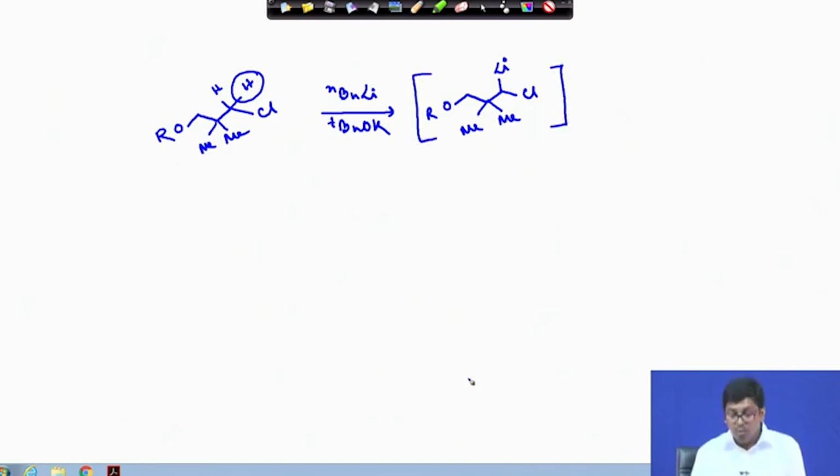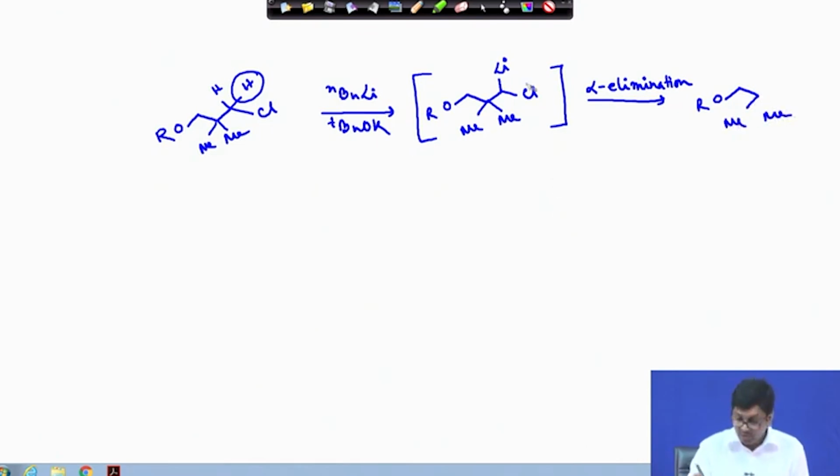Once we have this species, then by alpha elimination this will give the corresponding carbene species.